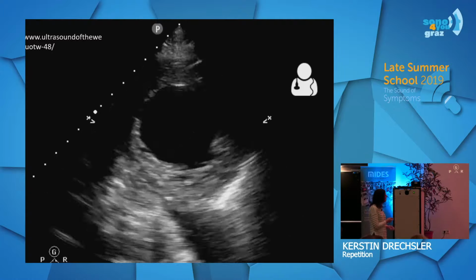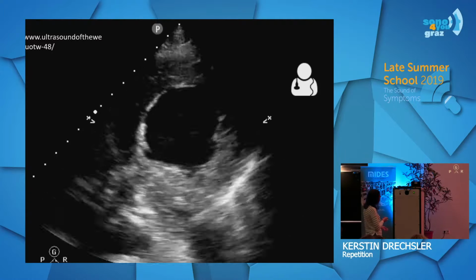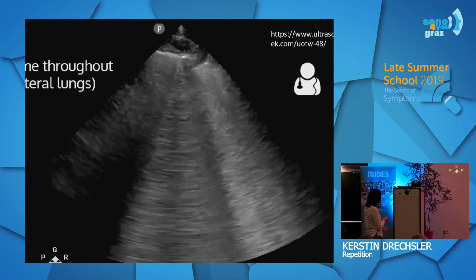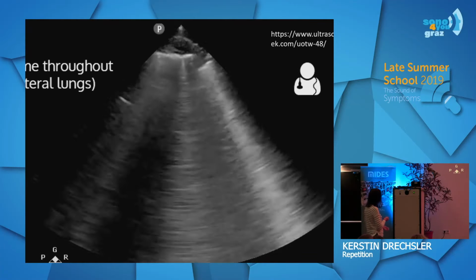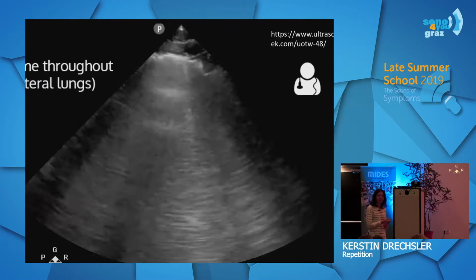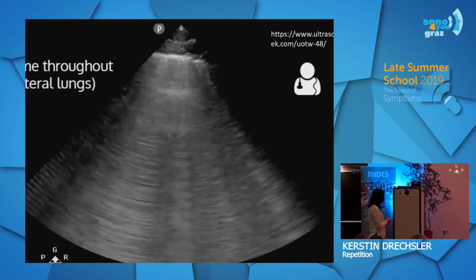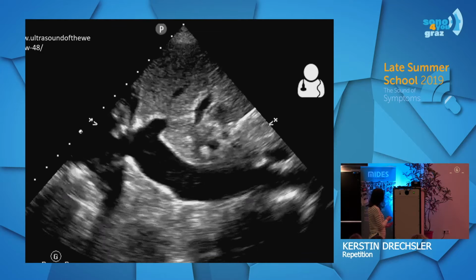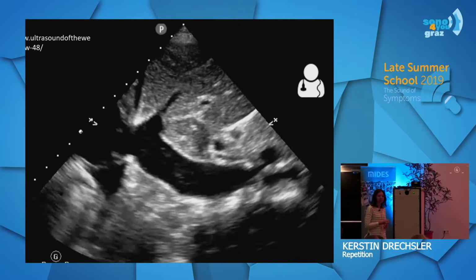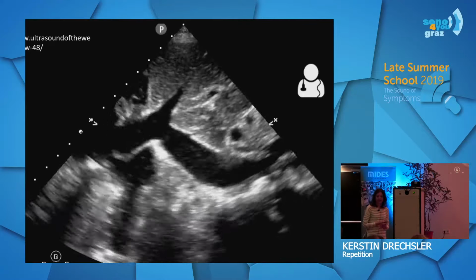Just see that the contractility, once again, is really, really low. And if we watch the lung, we can see B lines all over, suggesting an interstitial edema. And last but not least, we watch the inferior vena cava, and we see that it's not at all collapsible, suggesting a right heart failure as well.